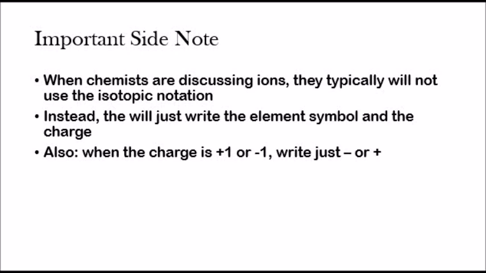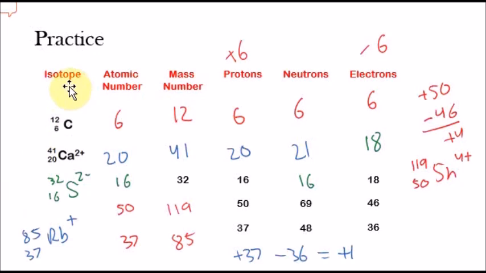That's actually correct. It's actually more common, okay? Instead, they'll write just the element symbol and the charge. And also, we talked about this, when the charge is plus 1 or minus 1, just write minus or plus. Okay, and also, if the charge is just 0, then don't put anything, kind of like in this example here, don't put 0, just leave it blank, okay?